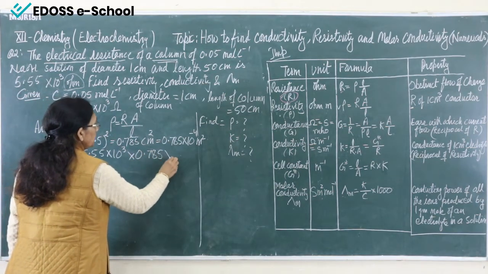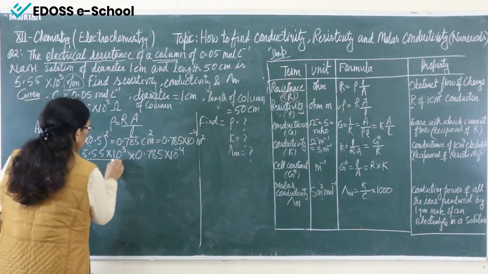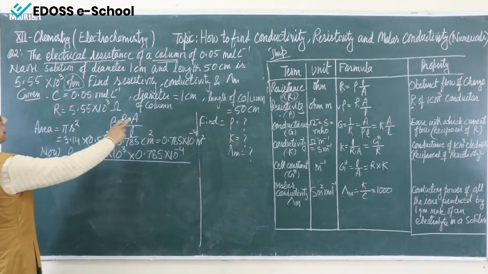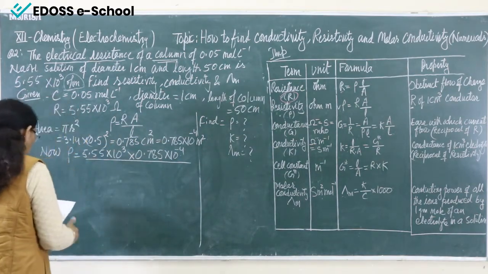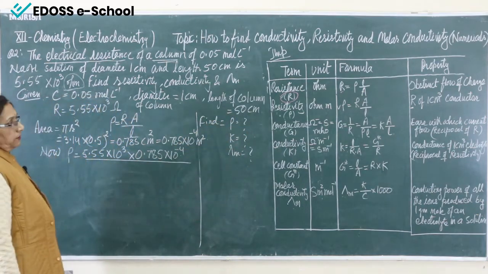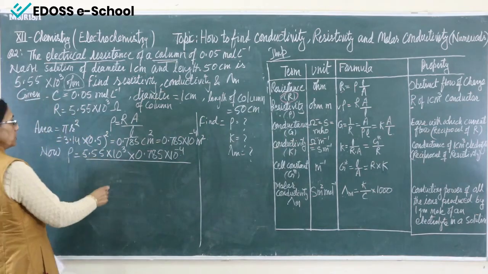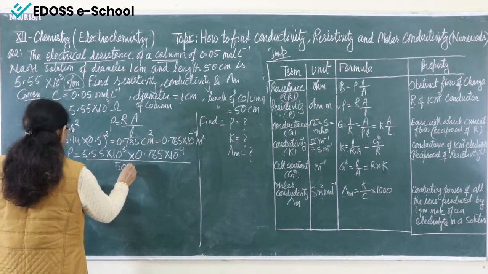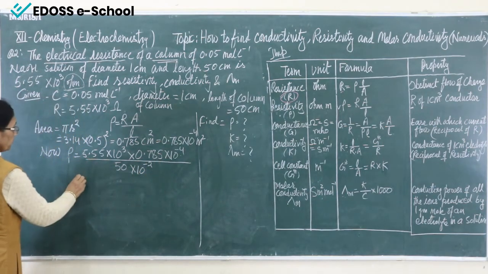So this is 0.785 into 10 raised to power minus 4 upon L. L is given to us, length is 50 centimeter. So again 50 centimeter also we will convert into meter, because this is in meter. So this is 50 multiplied by 10 raised to power minus 2.